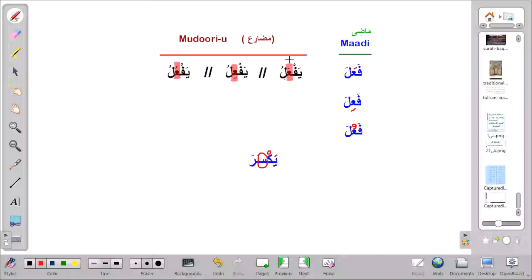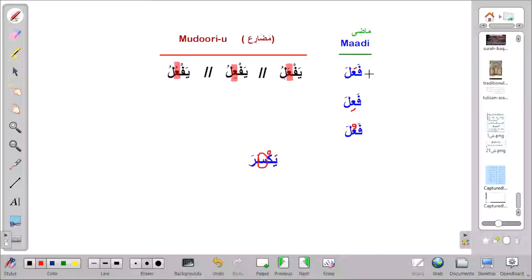The ain could have fatha or kasra or dhamma. But the yadhhabu or adhhabu or nadhhabu or tadhhabu, it will always begin with a fatha, then followed by a sukun, and the last will have dhamma. But the second last letter, the ain kalimah, the letter in the middle when it was madi, could have fatha or kasra or dhamma.